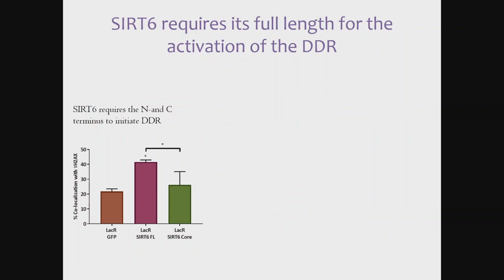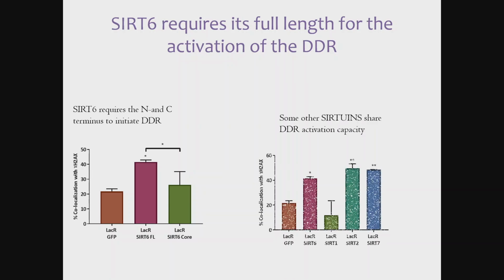So to prove that, we use LAC with the full length or only the core domain. And the core domain, that is the one that binds the DNA, cannot fully activate the DNA damage response. So we need the C terminus and the N terminus for the full activation, but we don't need them for the initiation, for the binding. So it has different domains that can have different roles.